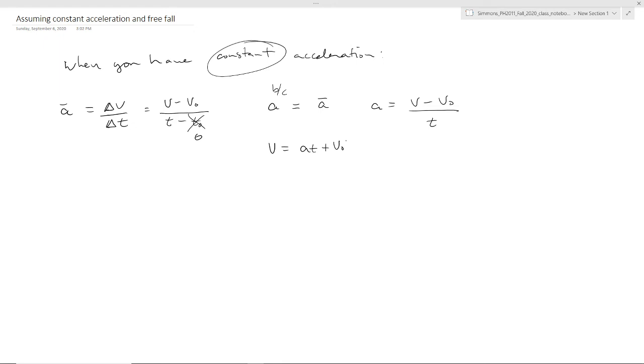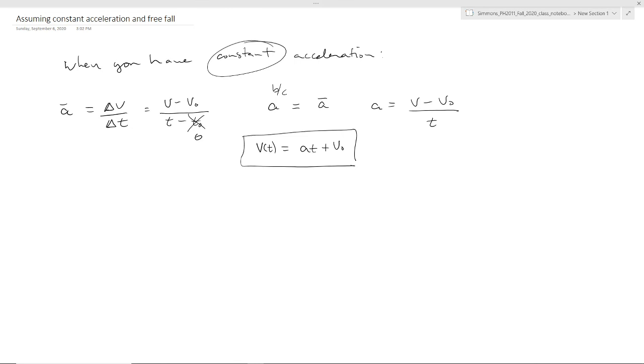Okay. And I think it's useful to think about this as velocity as a function of time is at plus v naught. Now this is one of these expressions that we'll have in our toolbox, and I should mention this is section 2.5 in your textbook.